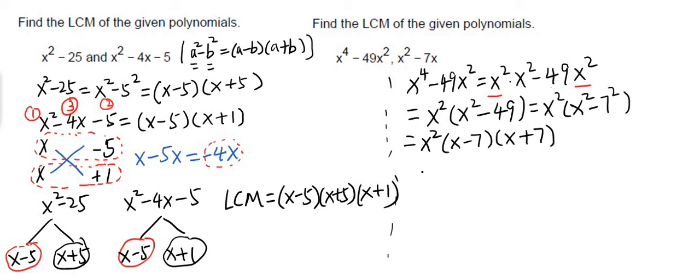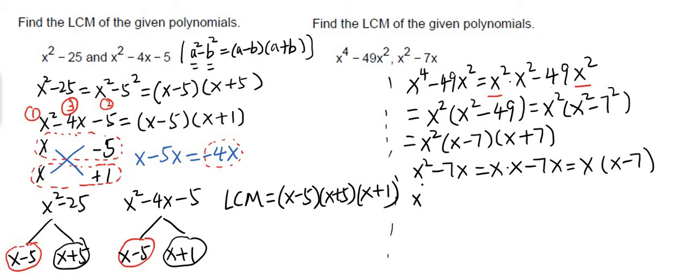Okay, now for the second term, x squared minus 7x. That is what? That is x times x and then minus 7x. So that means we can factor out the x. Okay, now basically you can write down all the factors.